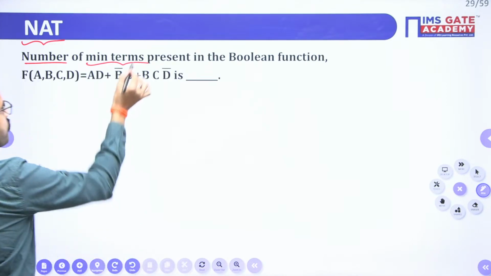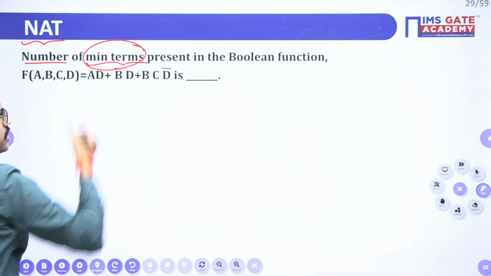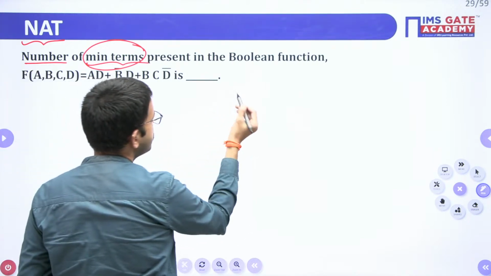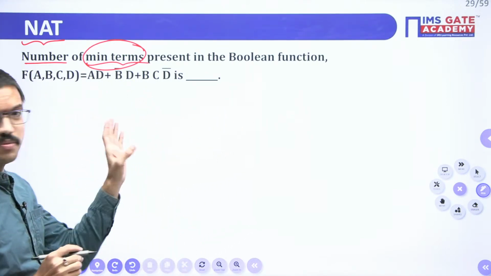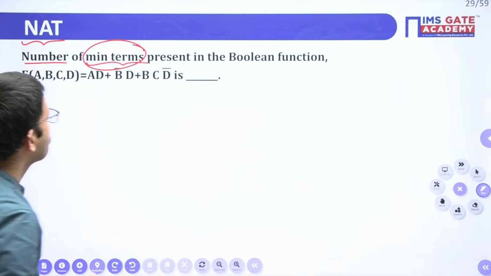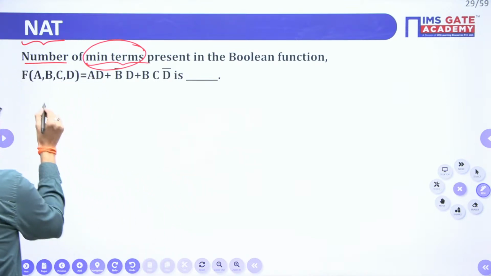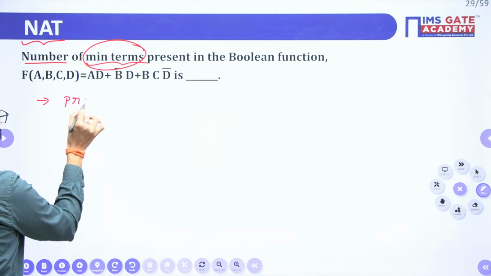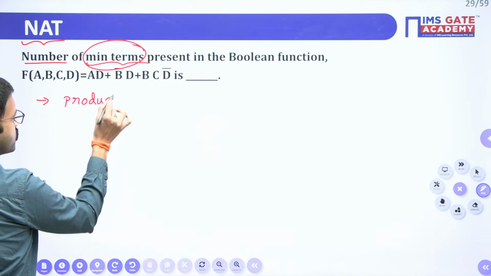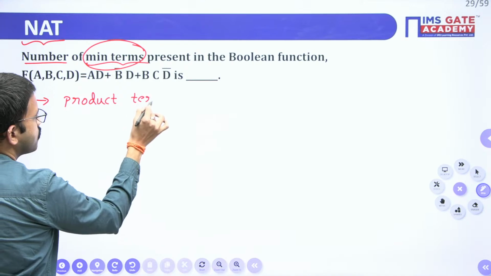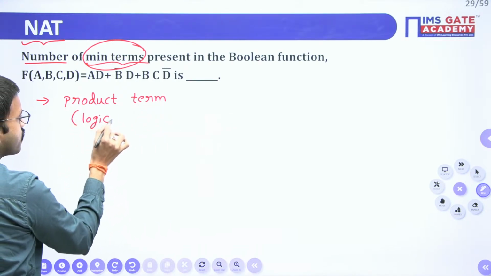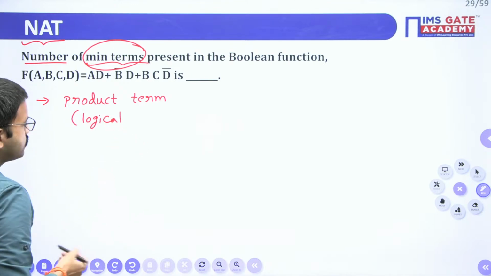See here, there is a basic difference between min term and product term. When can we say a particular product term is a min term? What is the condition? See, min term is nothing but a product term only, but what is the condition?